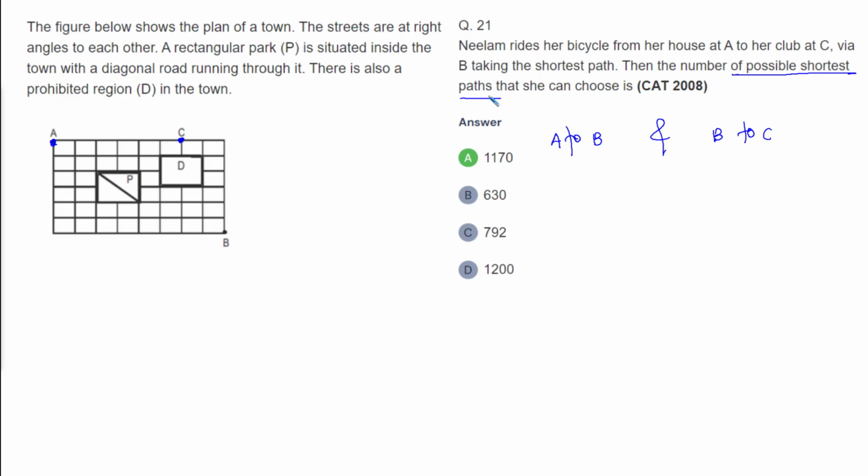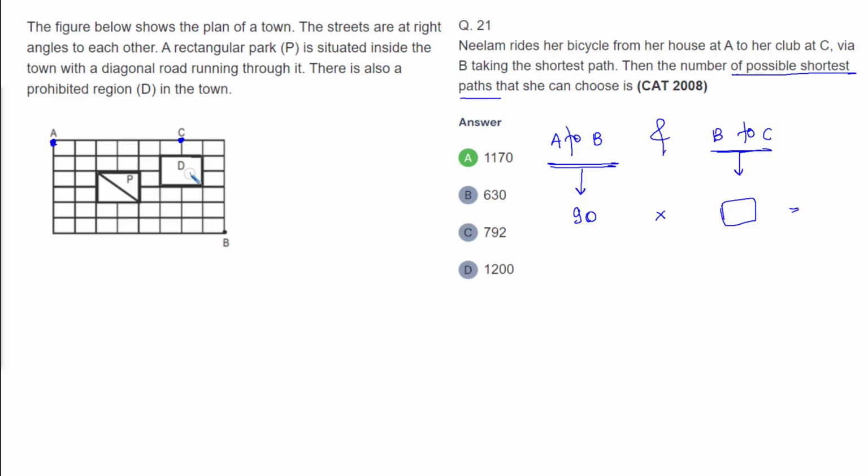As per our calculation of question number 20, from A to B how many shortest paths are there? 90. From B to C how many shortest paths are there? That we need to calculate. Our answer is going to be 90 into this, so our answer should be a multiple of 90. Depending on this you can try to eliminate the options. But yes, let's calculate how many ways she can travel from point B to point C.